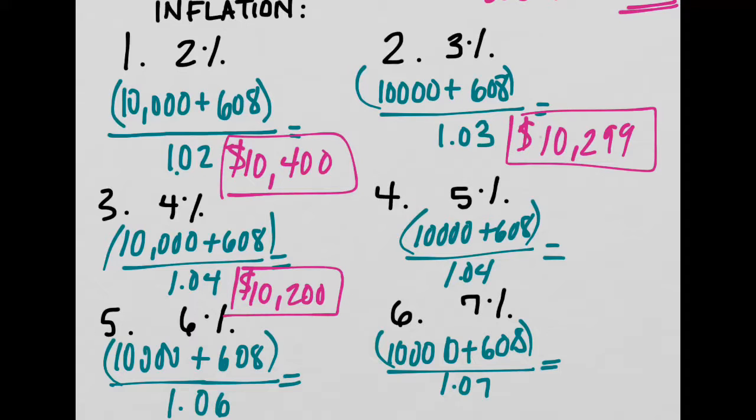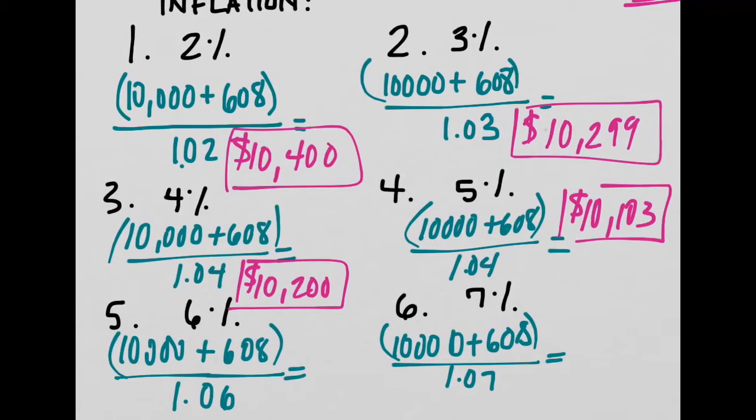Again, this is just what that dollar amount is worth, expected real return. Number 4 at 5% would be 10,103. Again, it should continue to go down every time, and it is. So if your numbers don't go down in this case as the inflation goes up, just check that.